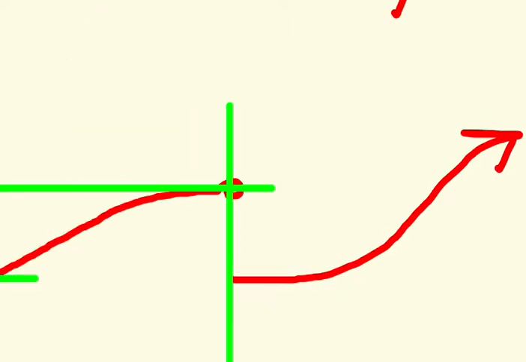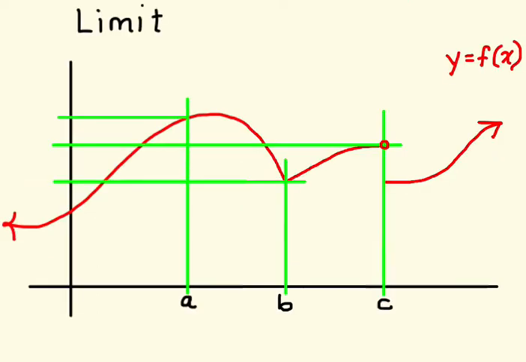Let me just draw it in red to emphasize that at this point there's a hole. And I need to put in one more crosshair. There's a hole at x equals b at that height, but not at this height, so it actually exists here. I guess these are one on top of the other.